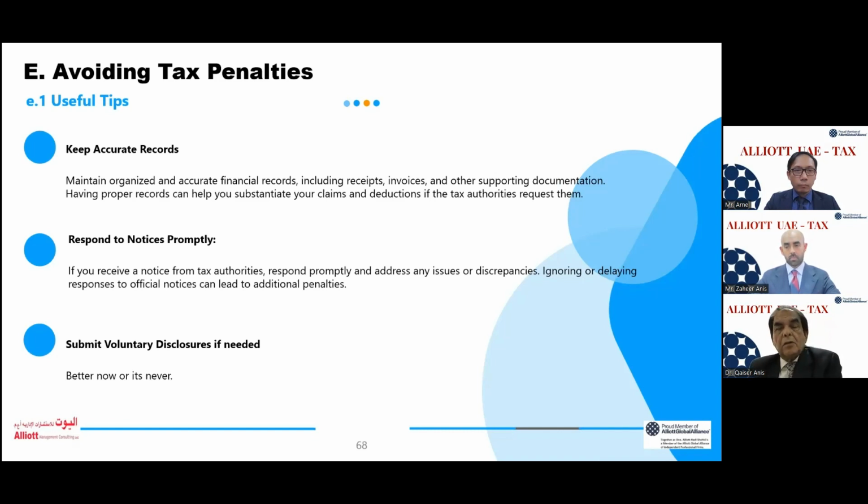And respond to notices promptly, meaning if a tax notice has come, it should be attended to immediately. It should not be ignored or held back, because then it will be hard for you, and you will unnecessarily pay extra for not attending, because they will penalize you.